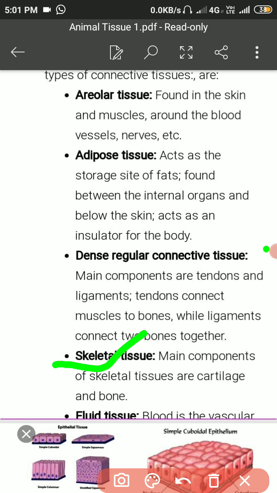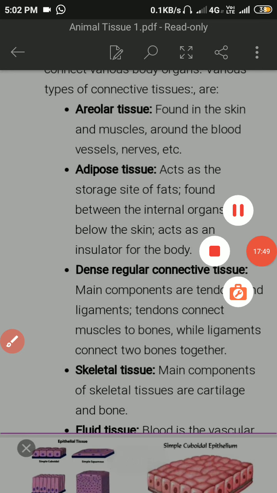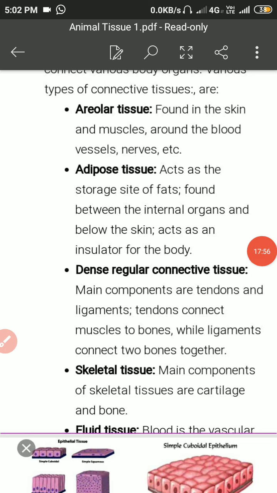Dear student, come to the next, that is the fluid tissue. The fluid tissue is the tissue that is found in the blood vessels and the lymphatic vessels.